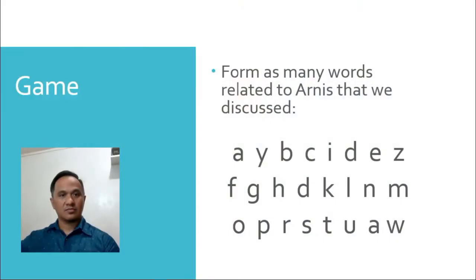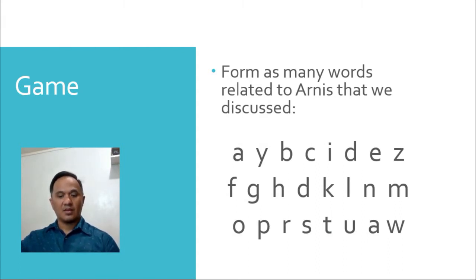I will group you into three groups, A, B, and C. I'll be showing you the letters now and I'll give you around one or two minutes. The time starts now. Okay, time is up. Everyone stop writing, and you can show it on your screen later.